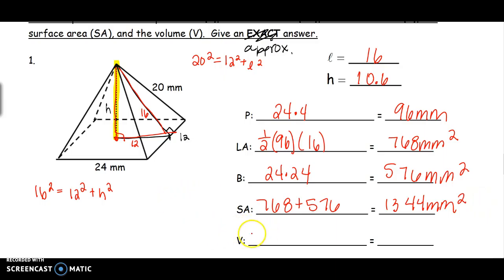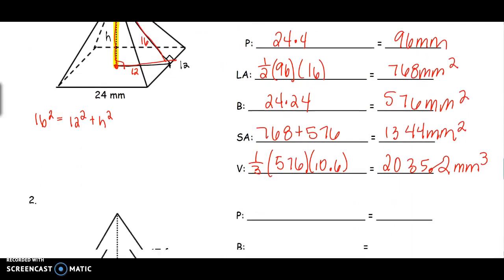The volume, remember, is 1/3 area of the base, which is 576, times the height, which is 10.6. So you would type in your calculators, 1/3 times 576 times 10.6, and you should get 2,035.2, and because it's volume, it's millimeters cubed.